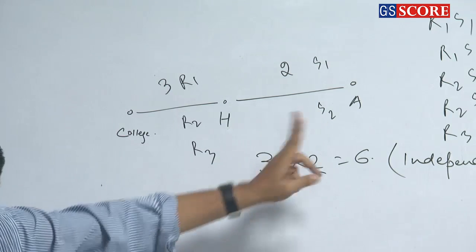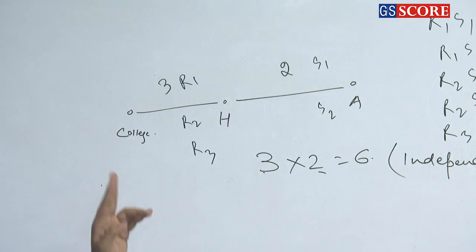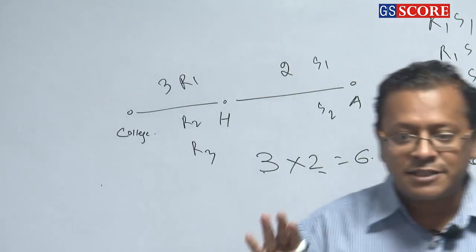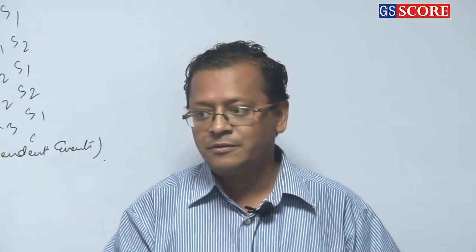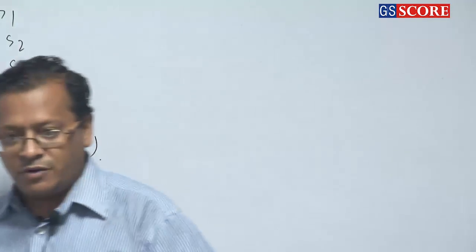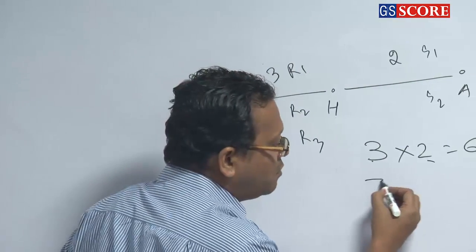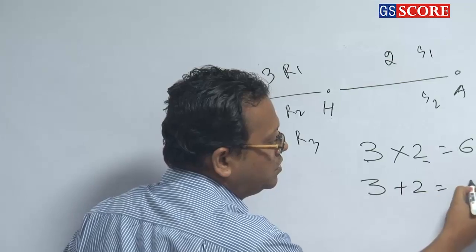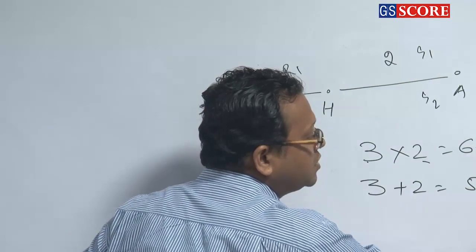When you go from home to airport, you should not go to college. So these two events are known as mutually exclusive events. When one happens, the other does not happen. So the number of ways of doing either of them is how much? 3 plus 2. So m plus n for mutually exclusive events.